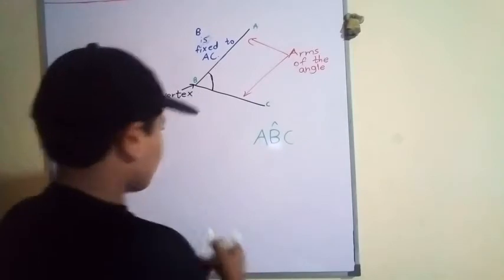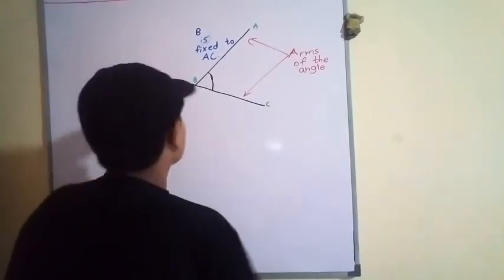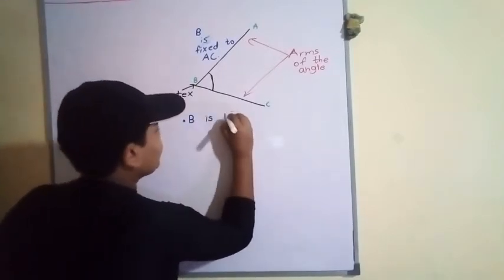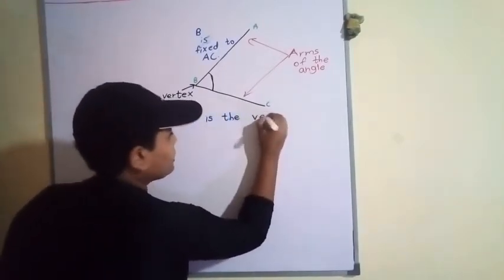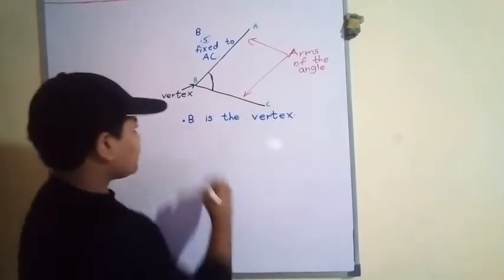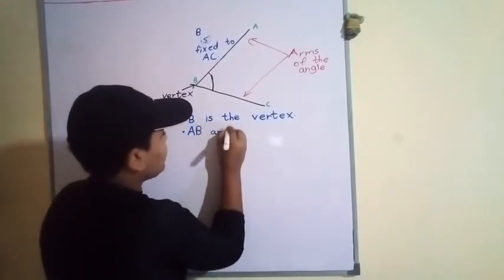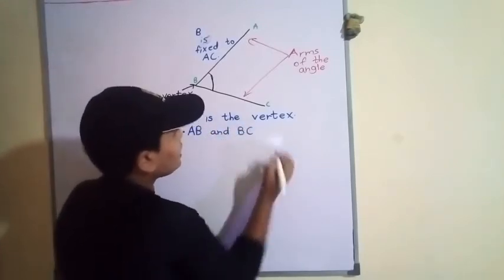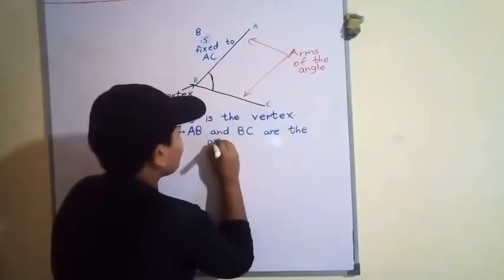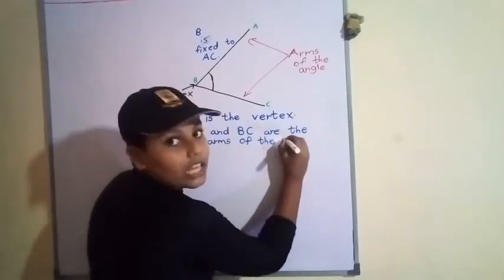Now B is the vertex. AB and BC are the arms of the angle.